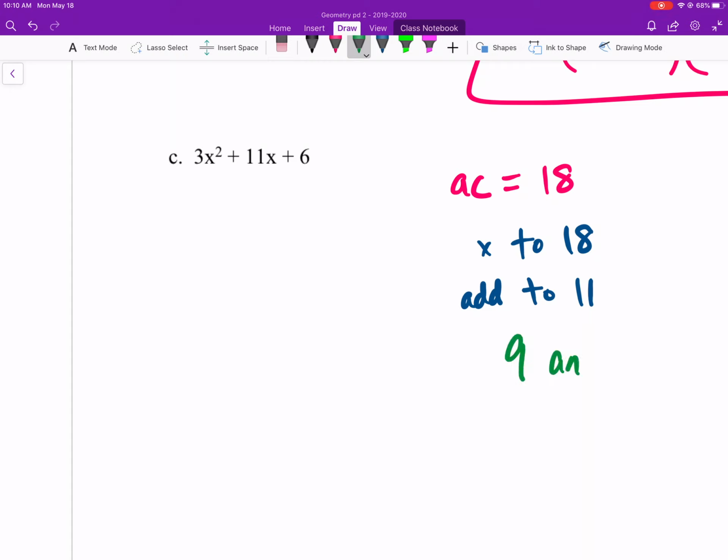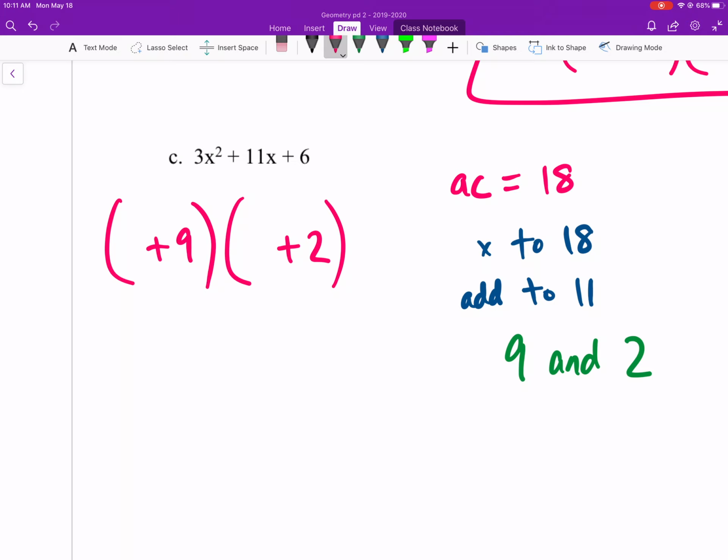That would be 9 and 2. So open up your two parentheses. They're both positive, so plus 9 and plus 2. And now we don't put x in front of each of these, we put the A value with x. So 3x plus 9 and 3x plus 2.